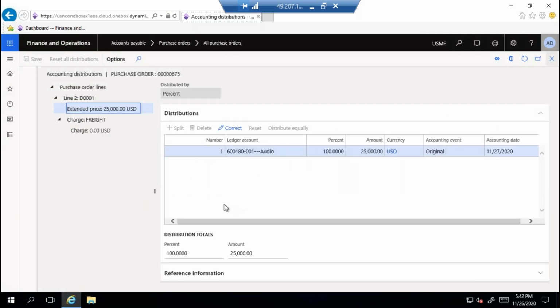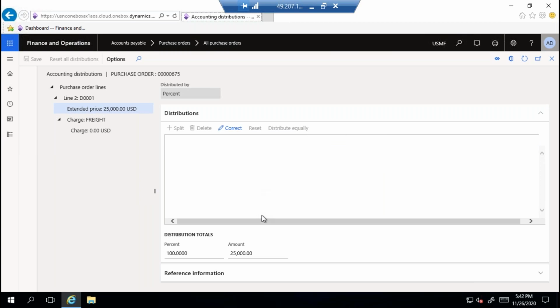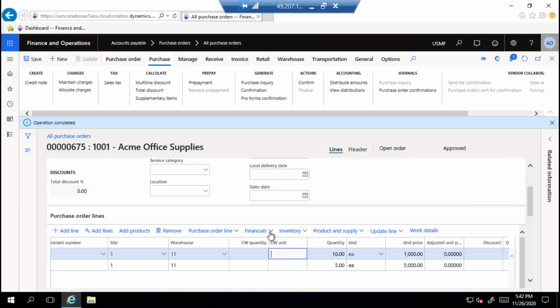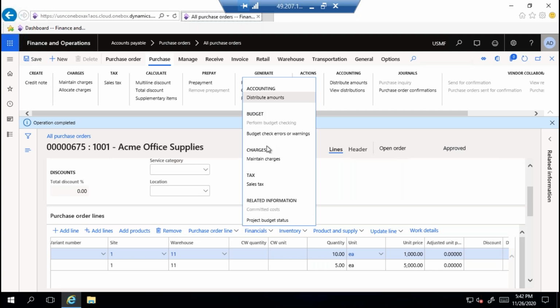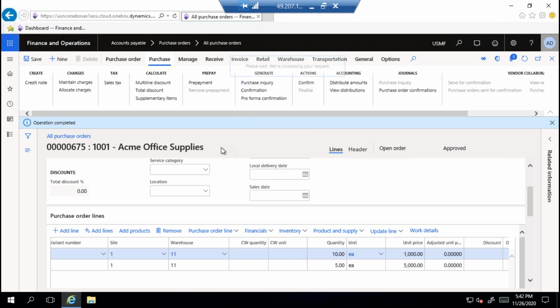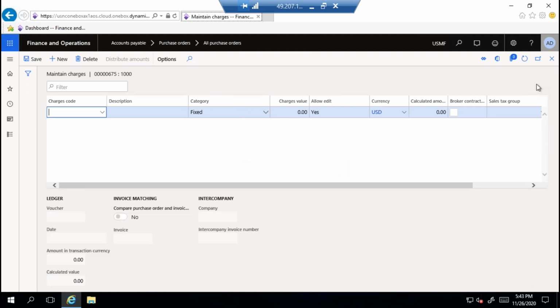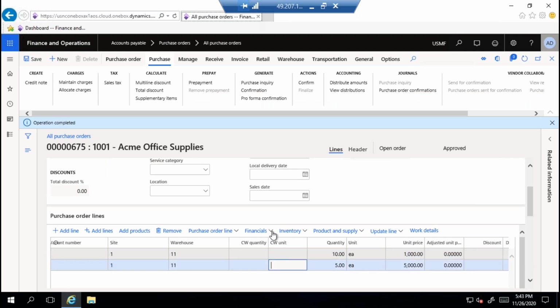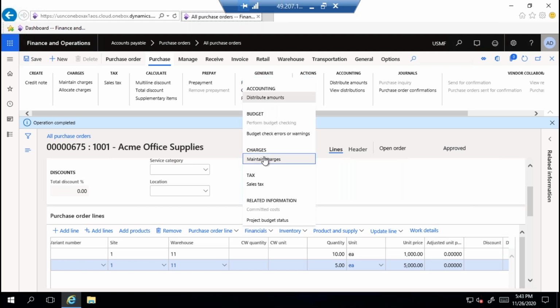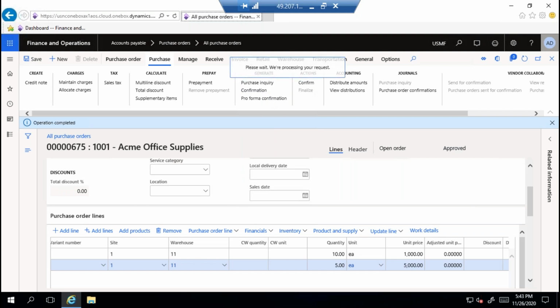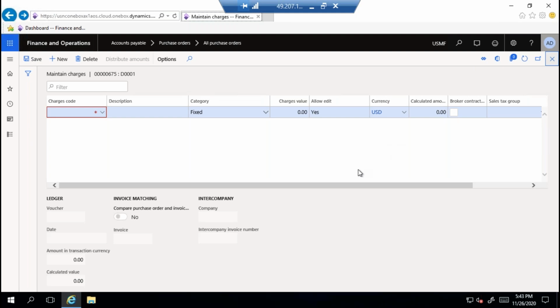Nothing is there here, and the second line was also deleted. Both are deleted now.